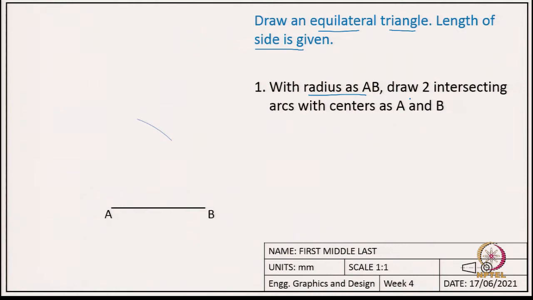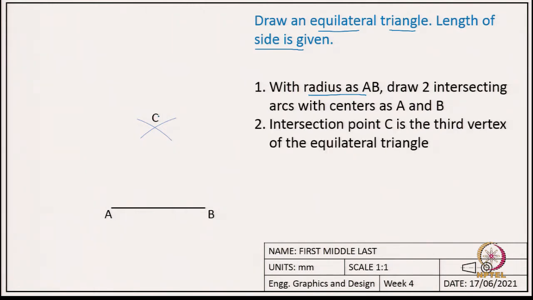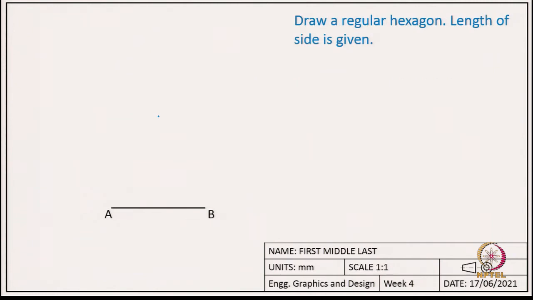Then another arc with center at B. In both cases the radius is this length AB. So, that point of intersection is C, which will define the triangle. So, we just need to connect the 3 points to get the equilateral triangle. Okay. So, now let us move to the next one, which is a regular hexagon.